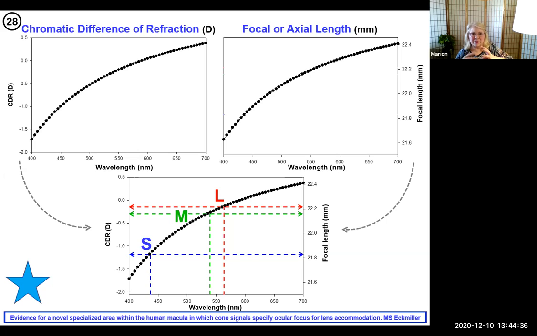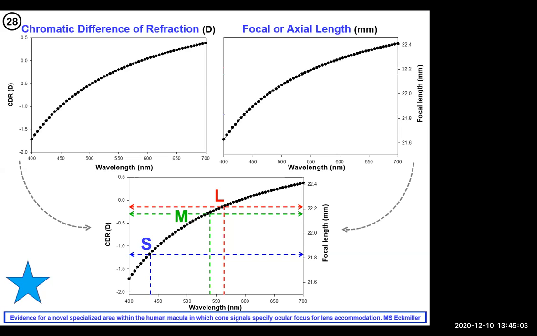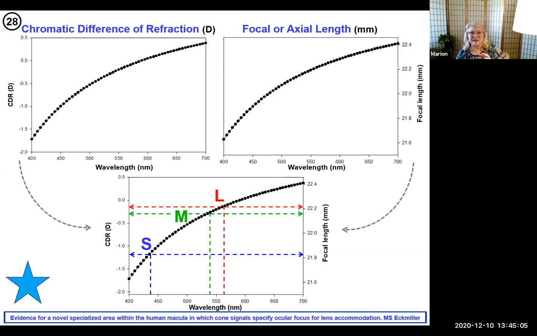I believe a compromise will be made between the signals from the S cones, which I'm convinced are important, and the M and L cones, to get a compromise level that will be the best focus for the entire eye. And that brings up some very interesting questions, because I think that these focus associated ganglion cells, some of them, are going to be projecting not along the classical visual pathways.